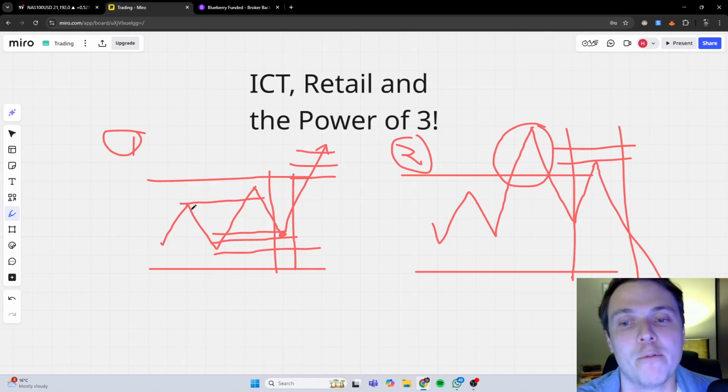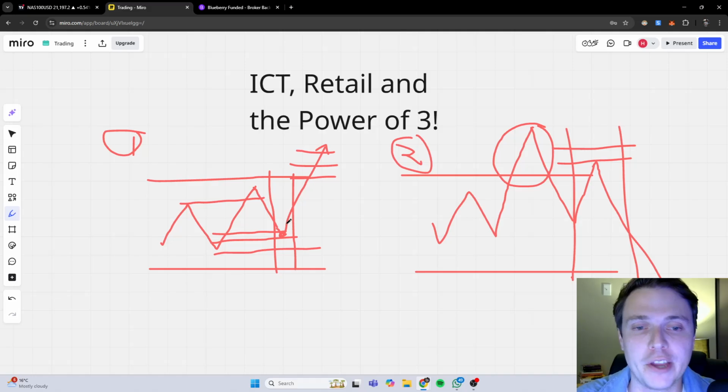And the same with this one, when it's just ranging in between London, we can find a nice order block over here to get that buy or sell off, depending obviously on what scenario we're looking at. So these are the two examples that we're looking at. We're going to go now to the NASDAQ chart on TradingView so I can show you some live examples.